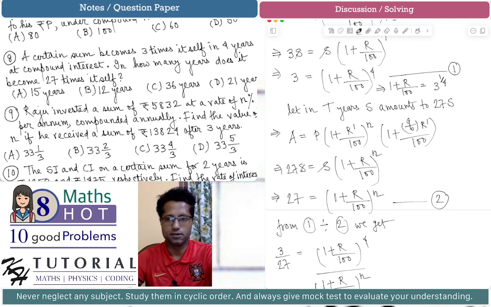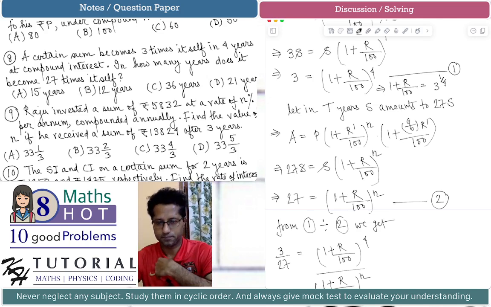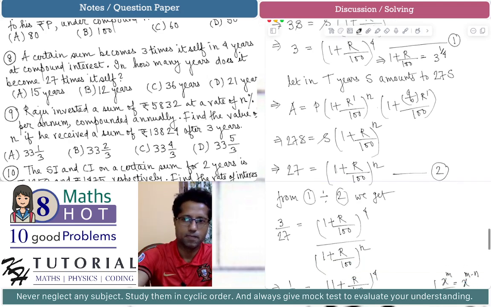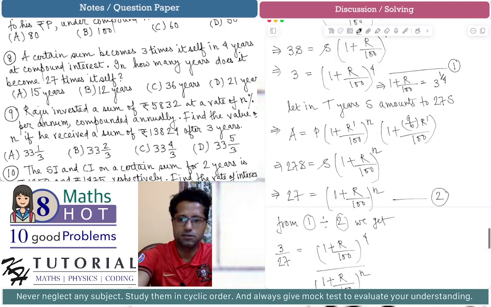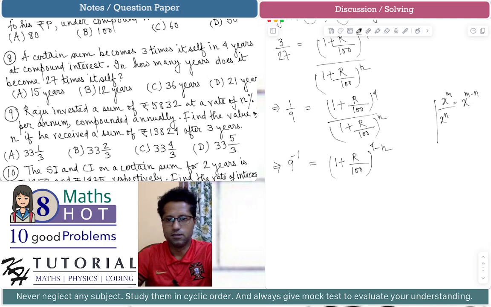Now you will understand this if your concept on exponents is clear, so I won't spend time explaining the laws of exponents. So from equation 1, I hope you understand that 1 + r/100 is equal to 3 to the power 1 by 4. I will substitute the value of 1 + r/100 as 3 to the power 1 by 4 in this equation.